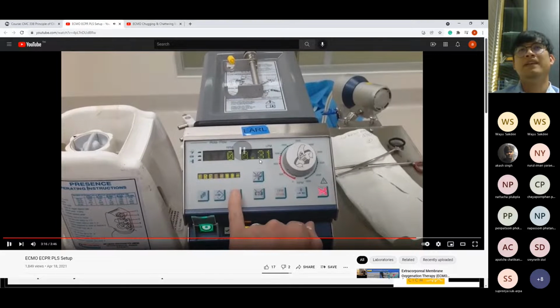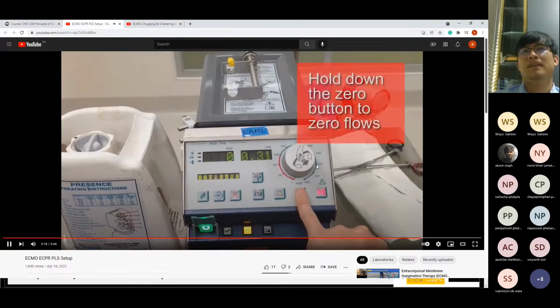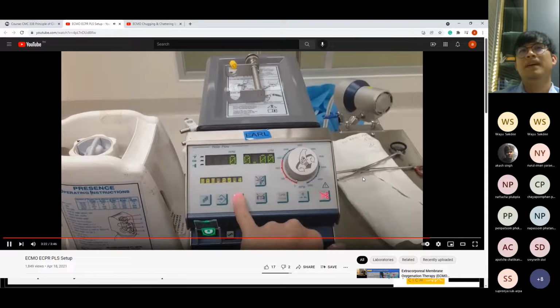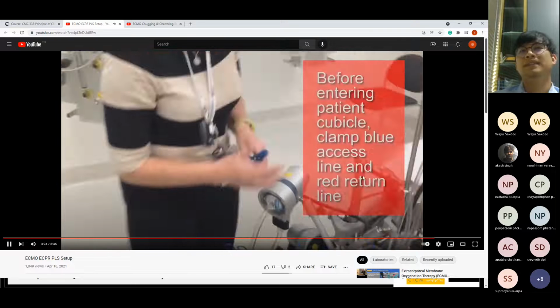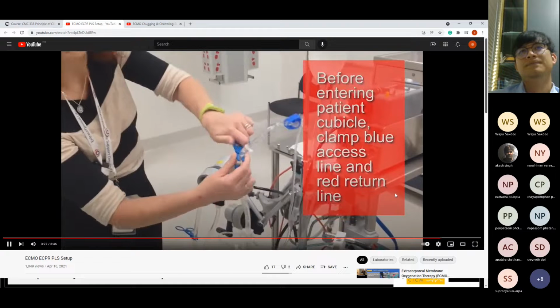So now you can see the output like RPM here. Turn off the alarm and set zero. Set zero means no flow. Everything goes back to zero and is ready to connect to the patient.